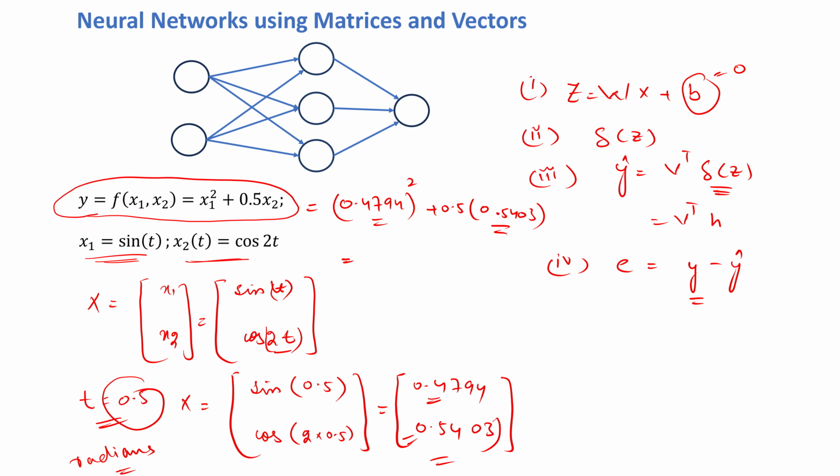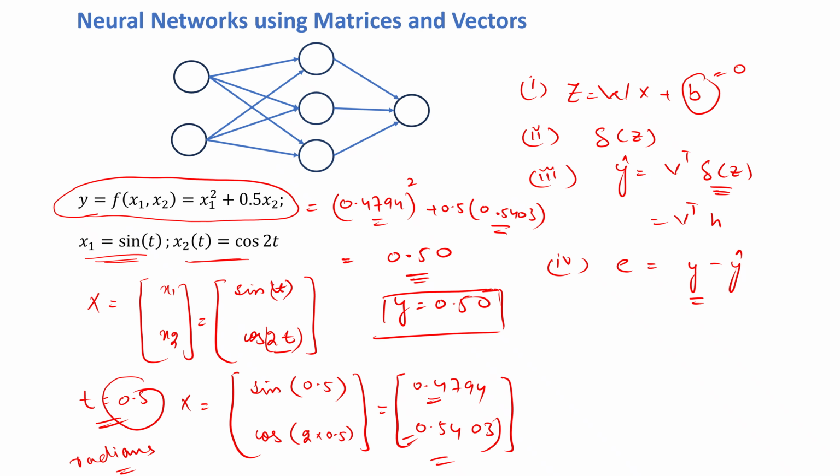So coincidentally this becomes 0.50. I don't know why it became this, I had no idea, but coincidentally y is equal to 0.50. So we will be using this y and estimating y hats.